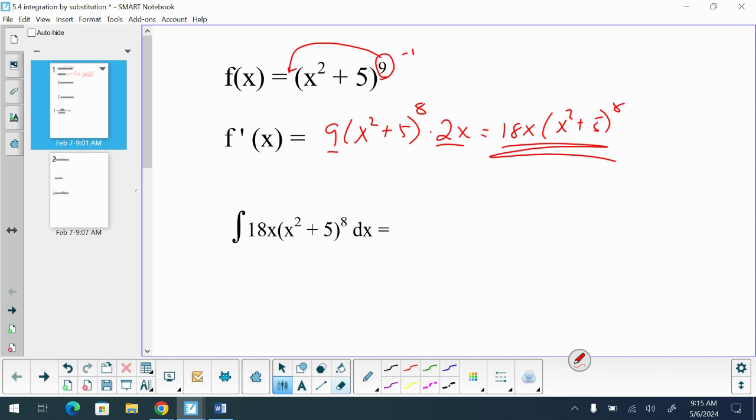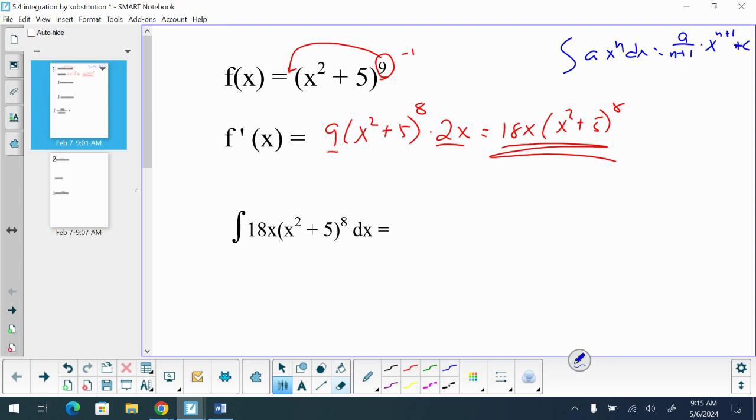Well, the only technique we have right now is the antiderivative of ax to the n dx is a divided by n plus 1 times x to the n plus 1, plus c. That is the only technique we have, our exponent rule for antiderivatives or integrals. Well, this is not in that form.